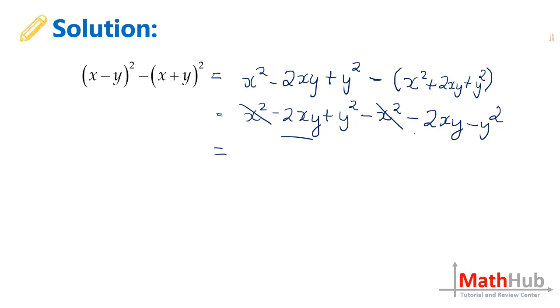Negative 2xy minus 2xy, so that's negative 4xy. y squared and negative y squared, so that's 0. And remember that we're given that xy is 7. So the answer is negative 28.